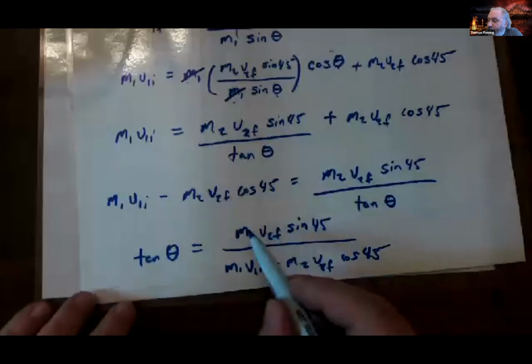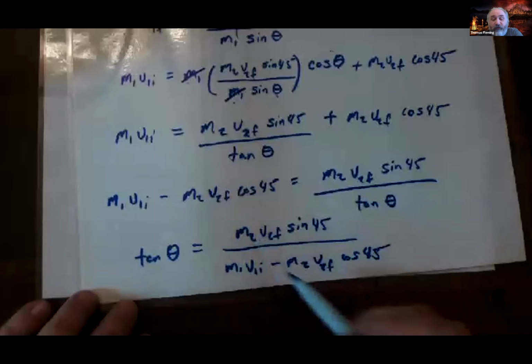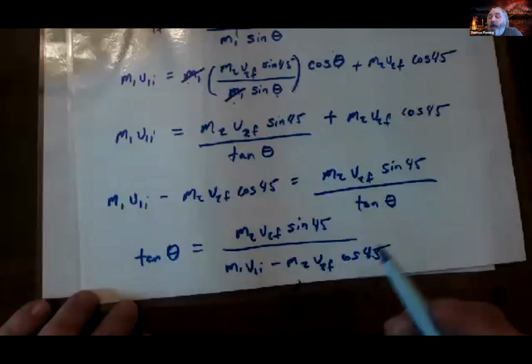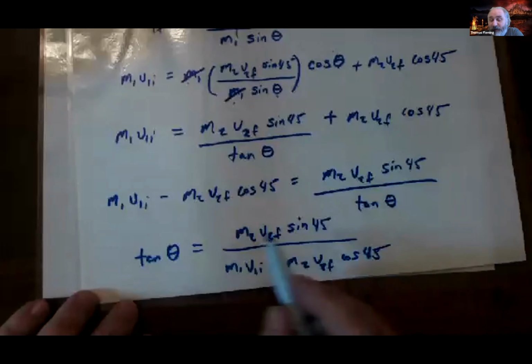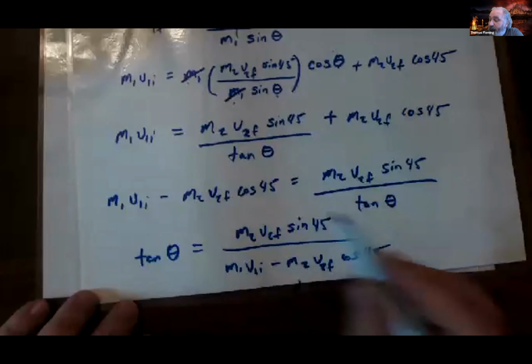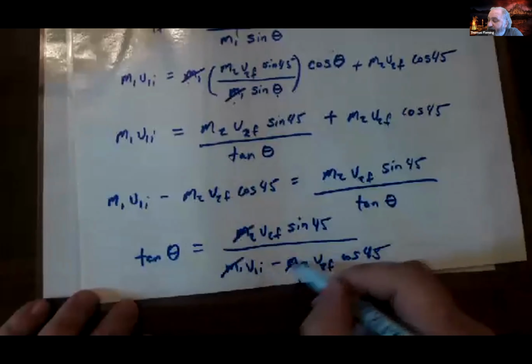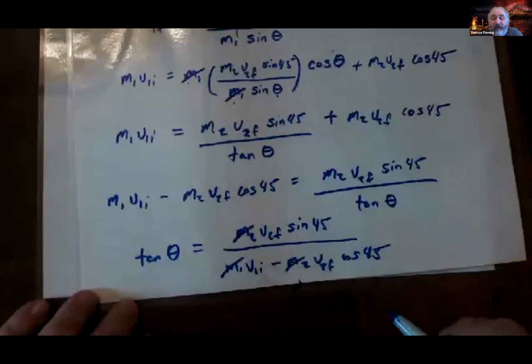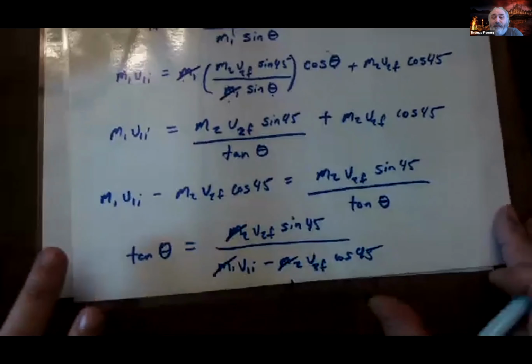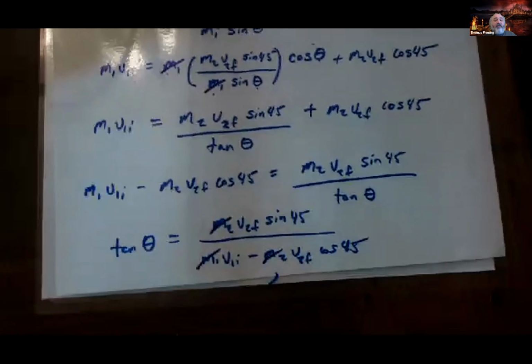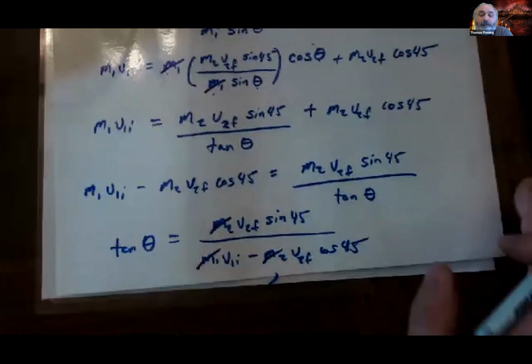And because M1 appears in every term, as long as they're all the same, they'll cancel. If they weren't the same, I'd have to plug in my numbers and I'd get a different answer. But here, all these M's are going to end up not mattering because they're all the same mass. It doesn't even matter what the mass is. The fact that they're the same means they're going to cancel.